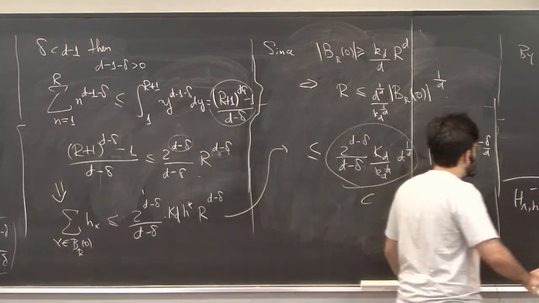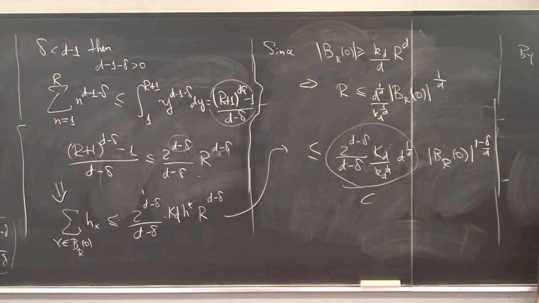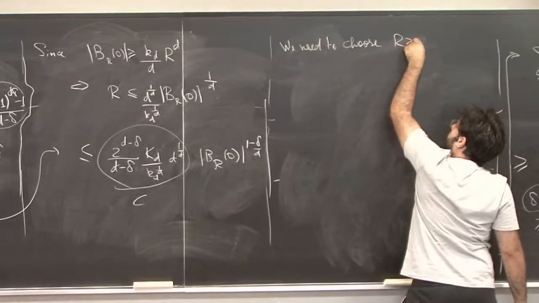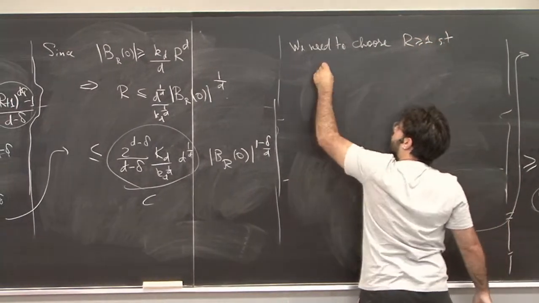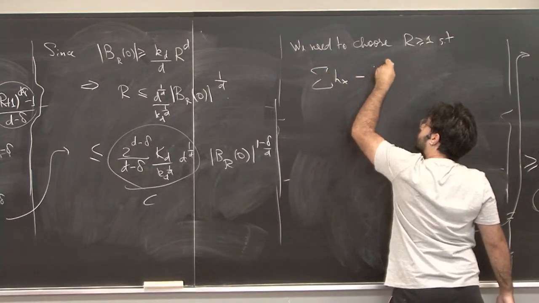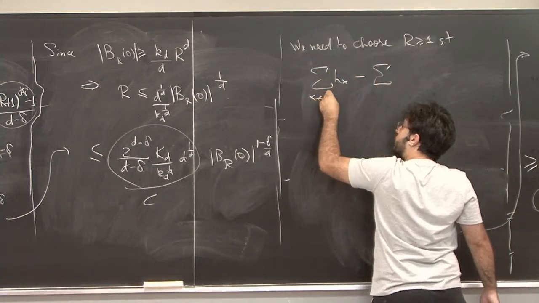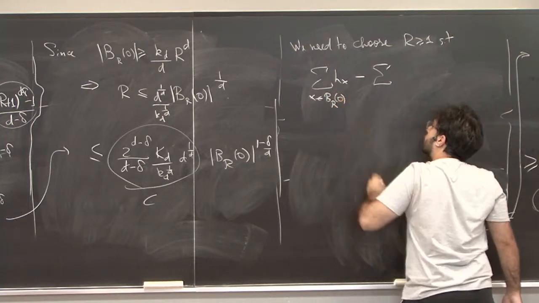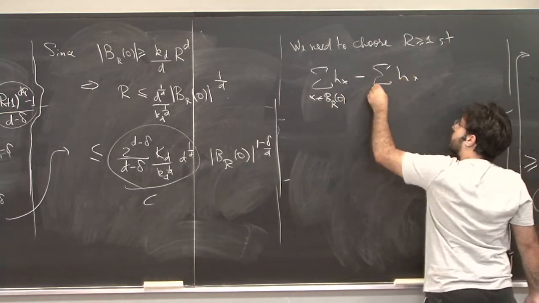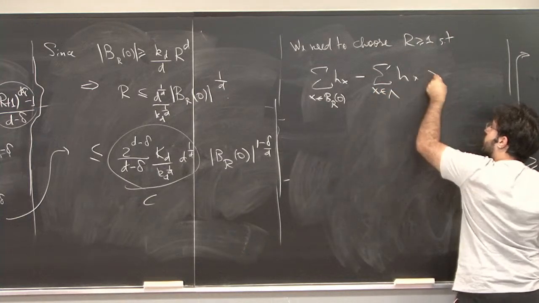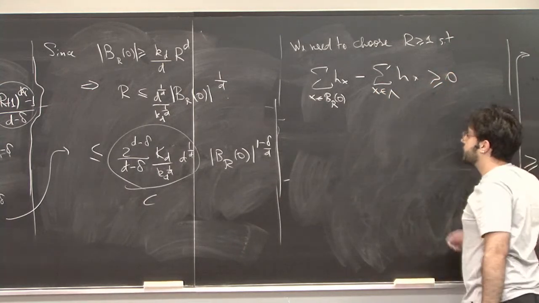The strategy is to choose your radius r such that the sum of h(x) over the ball is larger than the sum over this finite subset.